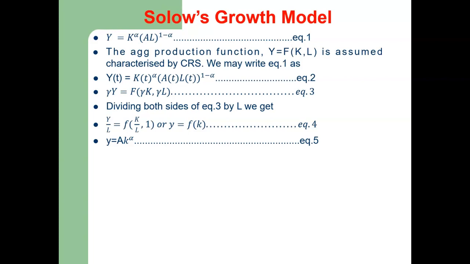Finally, we may note that the symbol k is used for the capital-labor ratio, not for the capital-output ratio as it was in the AK or Harrod-Domar model. This simplification allows us to deal with just one argument in the production function. For example, in the Cobb-Douglas production function case introduced earlier, y = k^α.